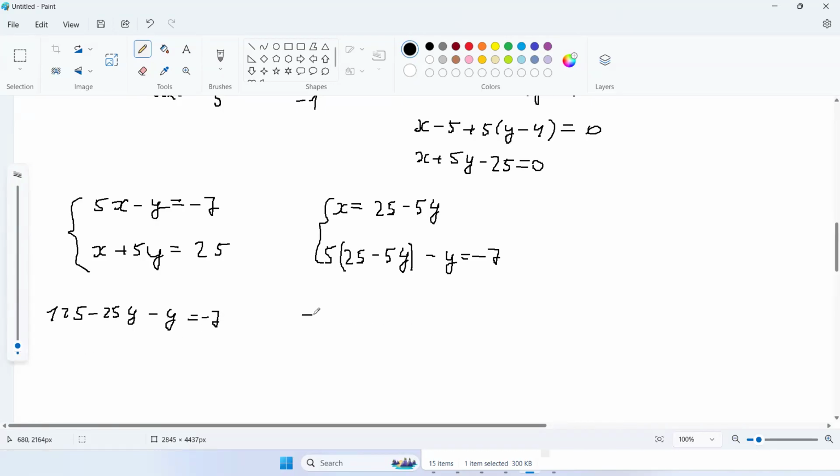Then minus 26y equals minus 132. So y equals 132 divided by 26. Okay, not so convenient, but let's calculate.